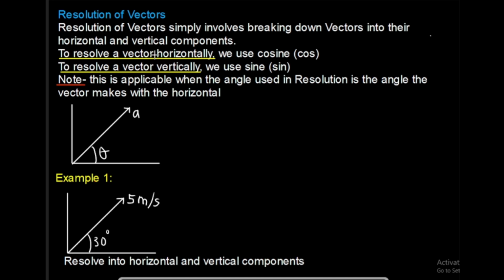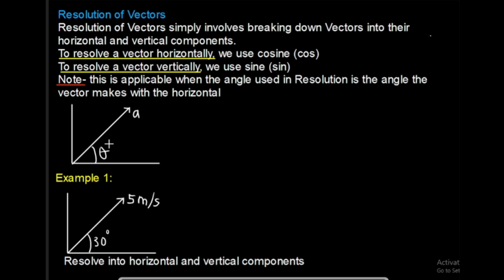Now, to resolve a vector horizontally, we use cosine, or cos. To resolve a vector vertically, we use sine. Note, this is applicable only when the angle used in resolution is the angle the vector makes with the horizontal.